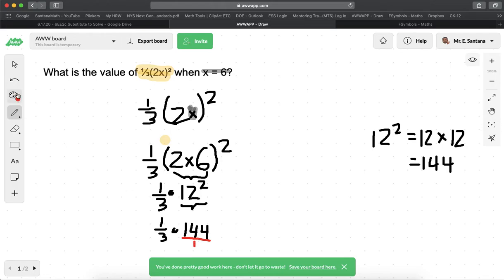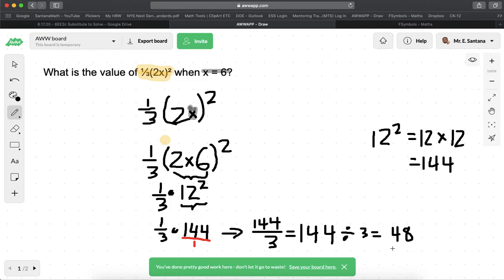So then when you multiply across, we're going to get 144 over 3, which is a fancy way of saying 144 divided by 3, which is going to give us 48.